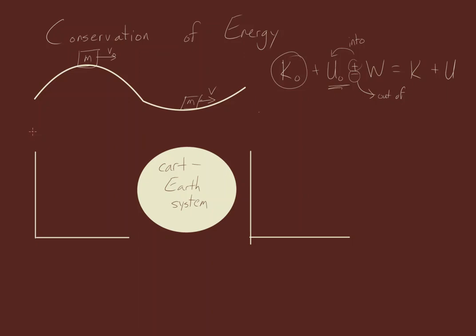This bar chart will represent the energy at the top of the hill. This bar chart will represent the energy at the bottom of that little valley. So we're going to have kinetic, translational, we're not dealing with rotational, gravitational, elastic, and we'll set that up over here.